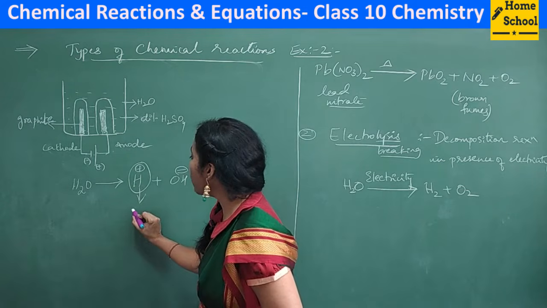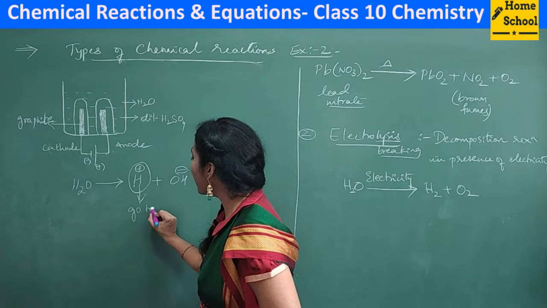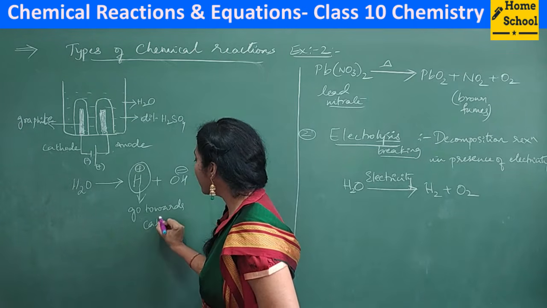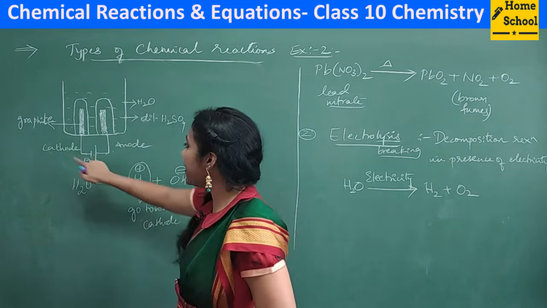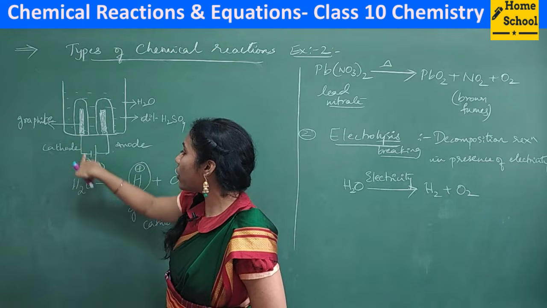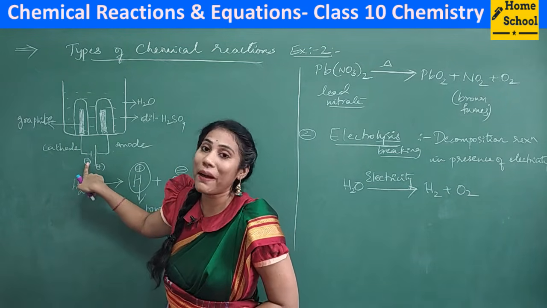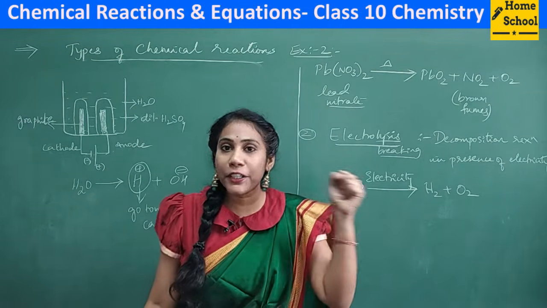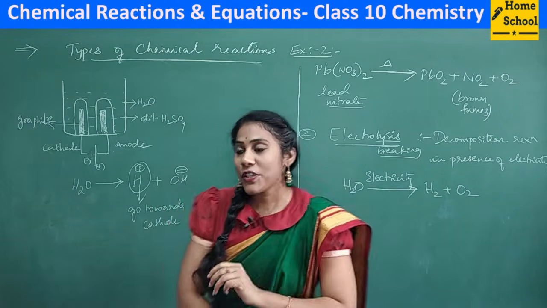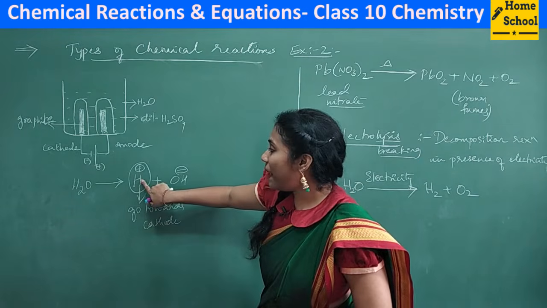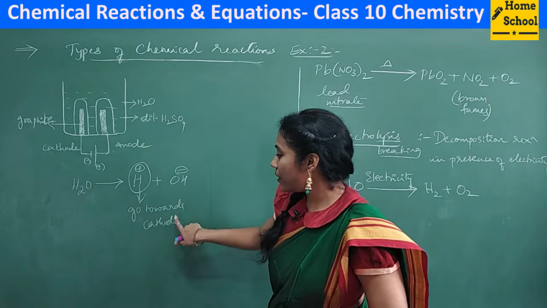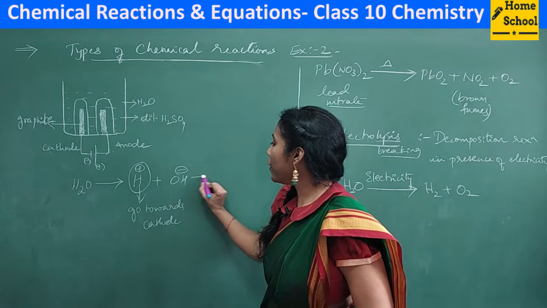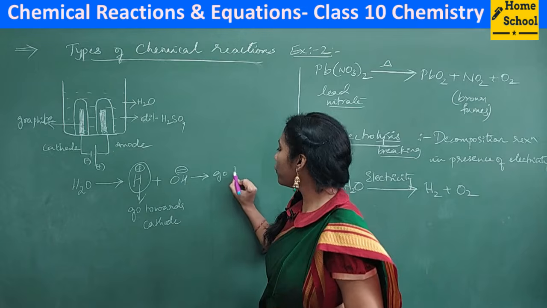This H plus will go towards the cathode, because the cathode is connected to the negative part of the battery, right? Always positive things are attracted towards negative things. So similarly, the positive part of water will go towards the cathode, and the negative part of water will go towards the anode.